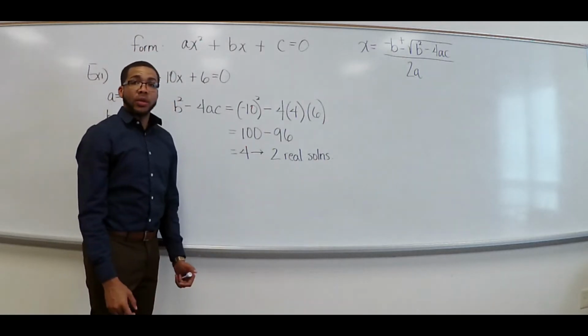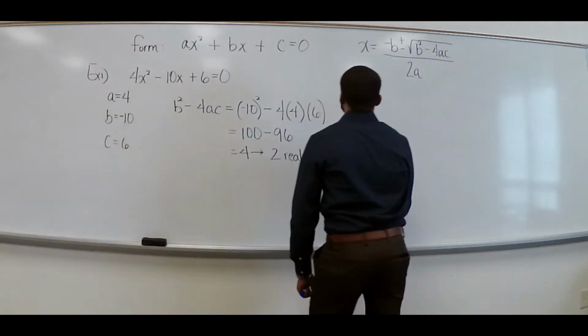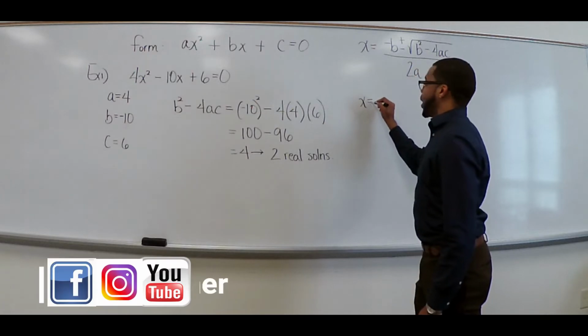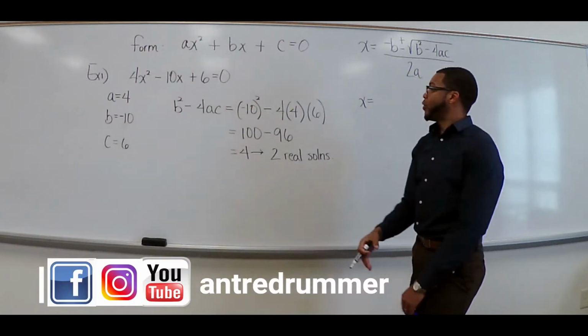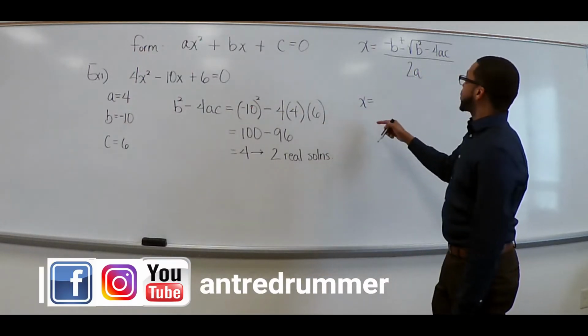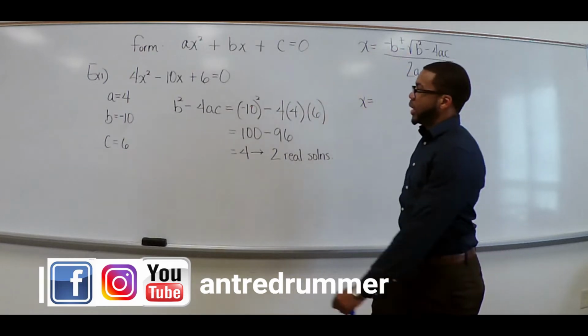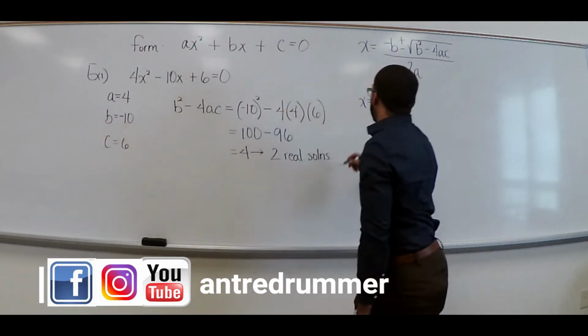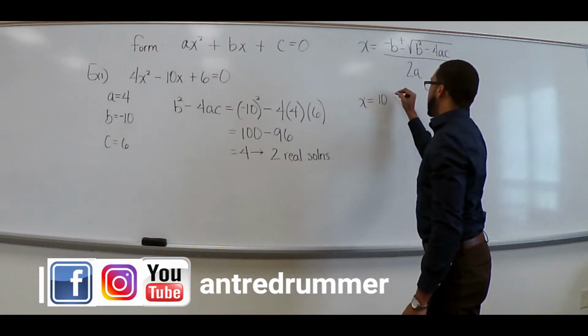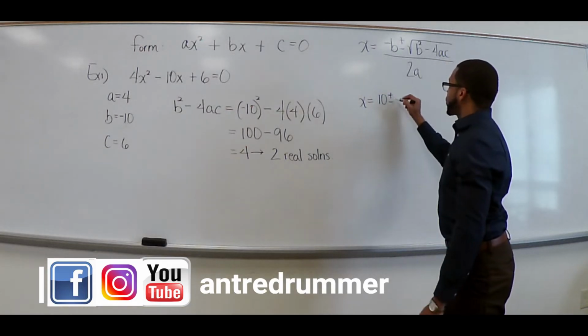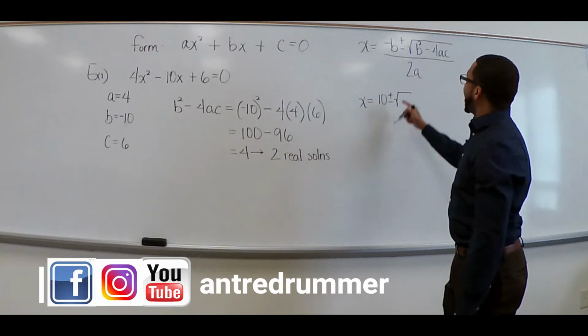What do we need to do to find those solutions? Toss the information into the quadratic formula. Let's swing over here. We have x equals the opposite of b. b is negative 10, so we're going to write positive 10, plus or minus the square root of the discriminant.